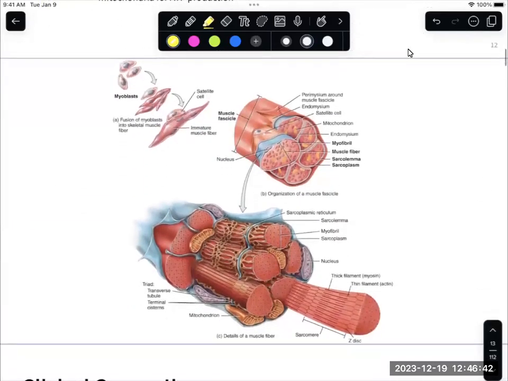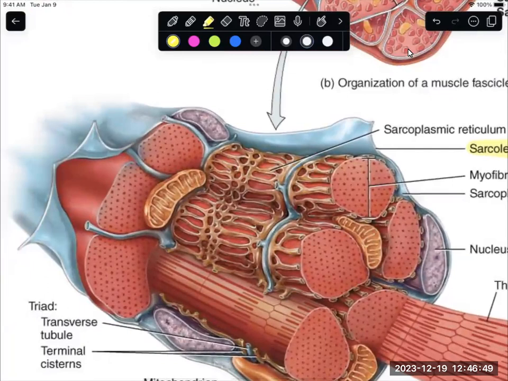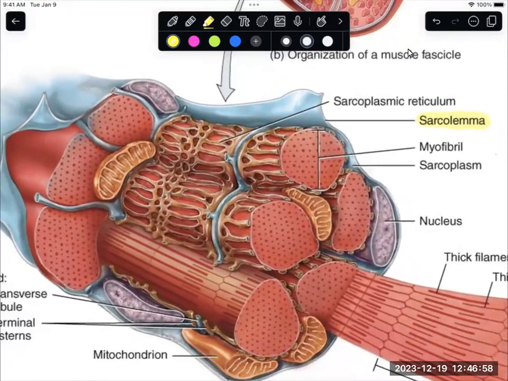So here we have this sarcolemma, which is this blue that is wrapped around this entire muscle fiber. Within this muscle fiber, we have these myofibrils.